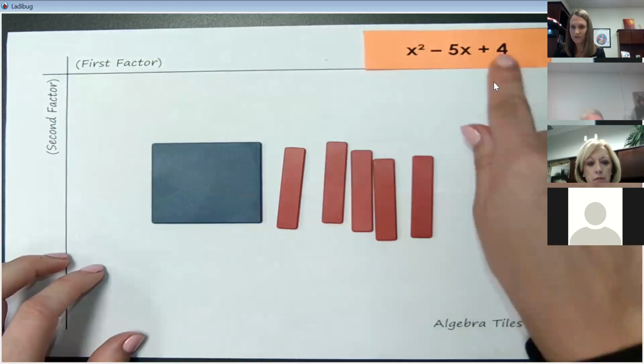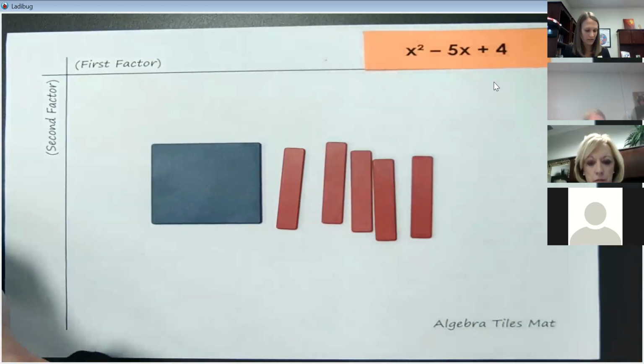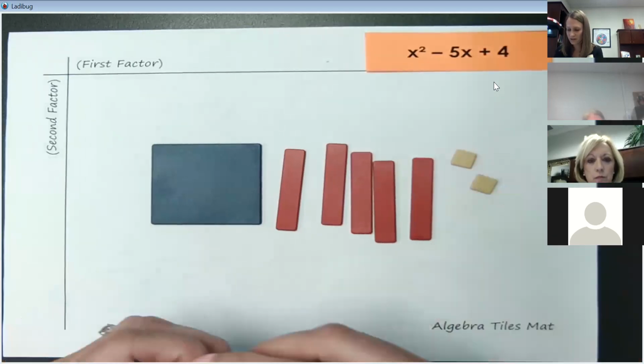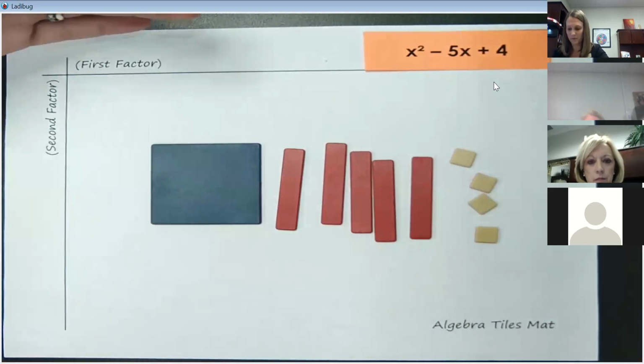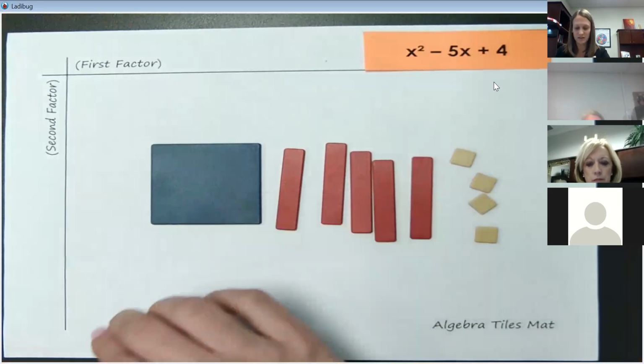Okay, what else do we have? We have 4 positive 1 tiles, or the constant of positive 4. All right, my goal is I want to find what needs to be multiplied by, what multiplied by another binomial will give me this as my final product. So let's build that rectangle.